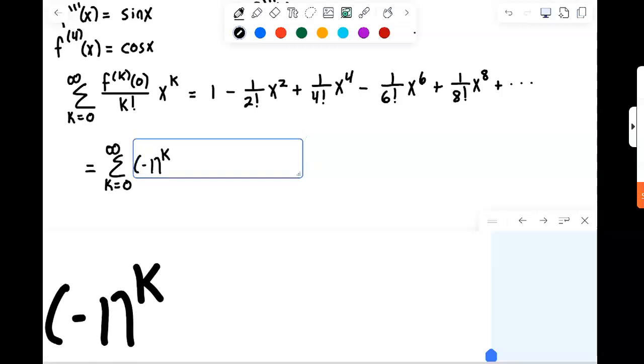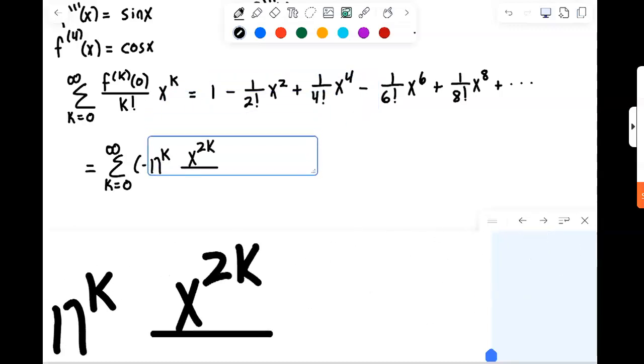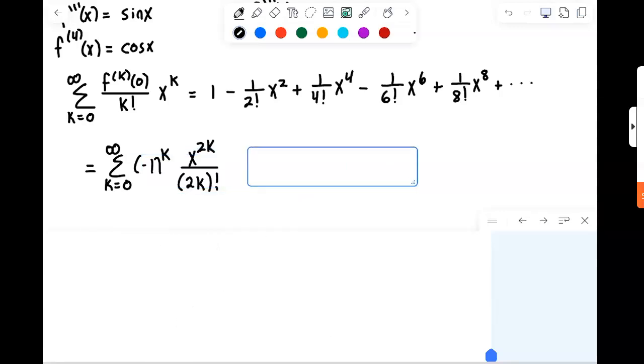So we take care of the alternating sign that way. And then the exponents are doubled, so that'll be x to the 2k, and then that's over 2k factorial. And so that would be the Taylor series for cosine.